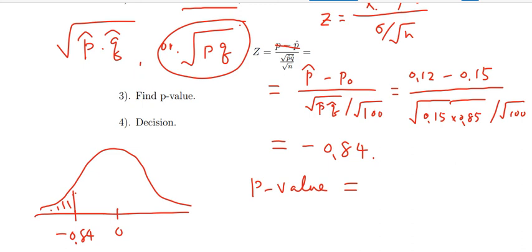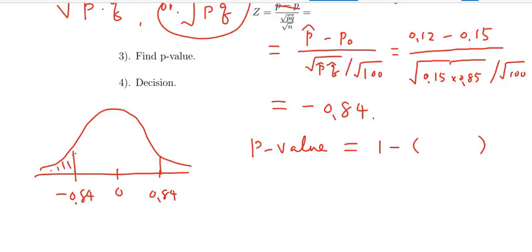From the table, we can just check positive 0.84. So 1 minus, so check positive 0.84, then we find the probability. Okay, so I leave this for you. I checked by myself, and I say this p-value is quite big.